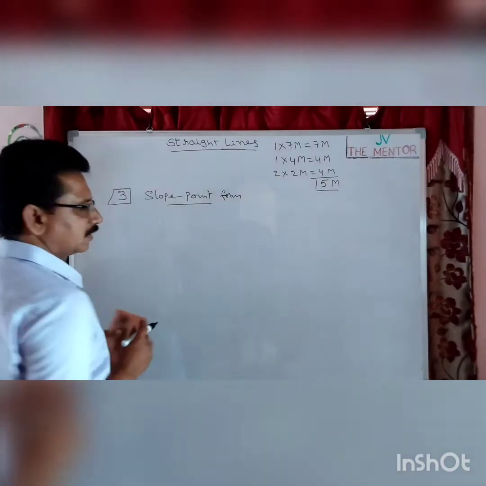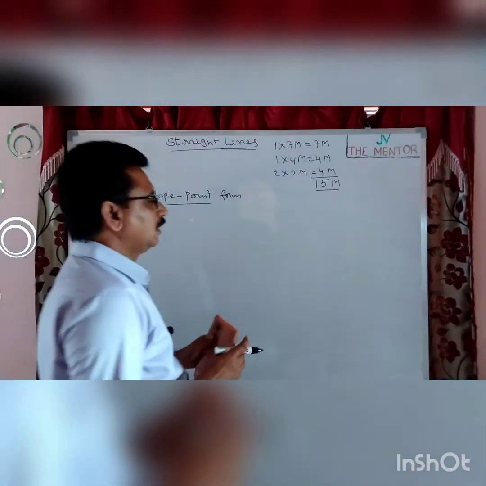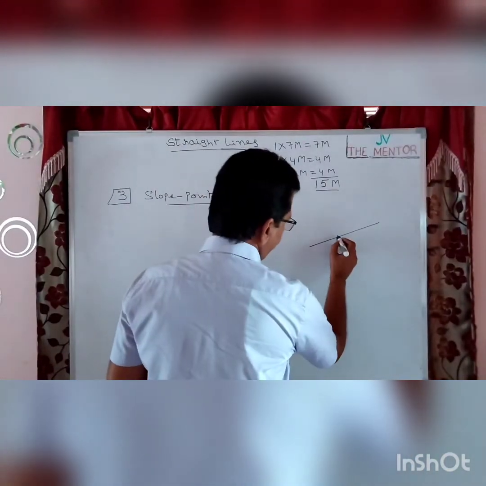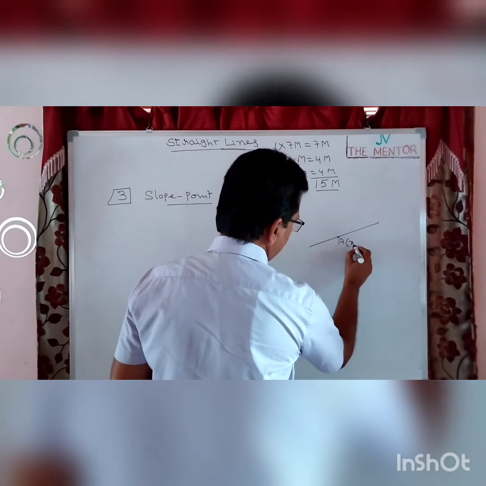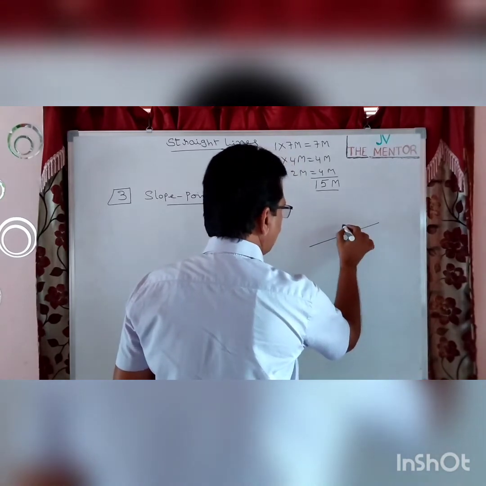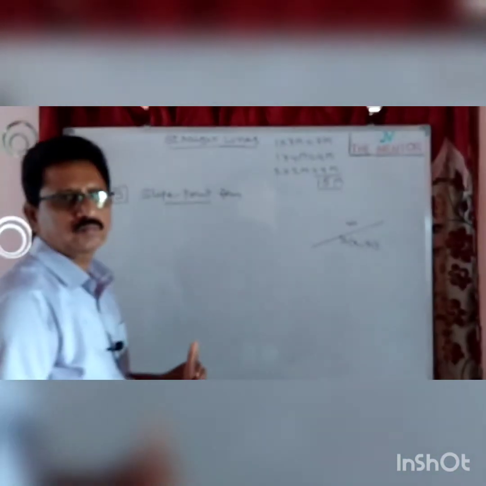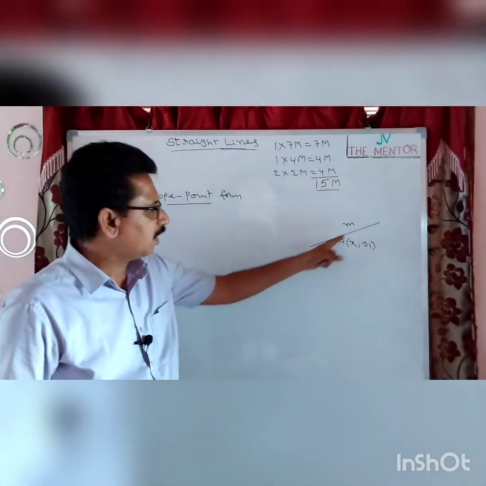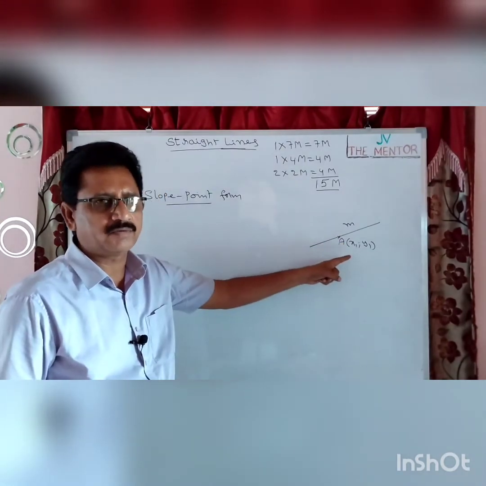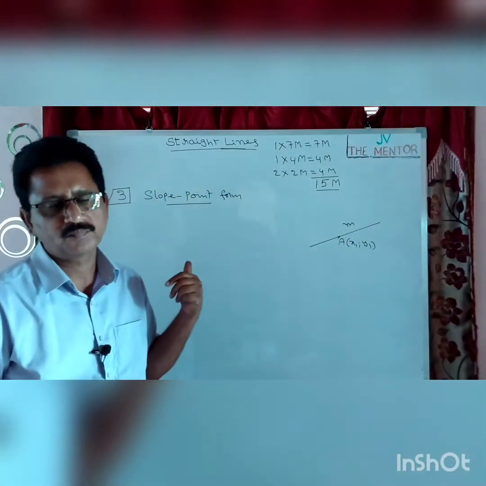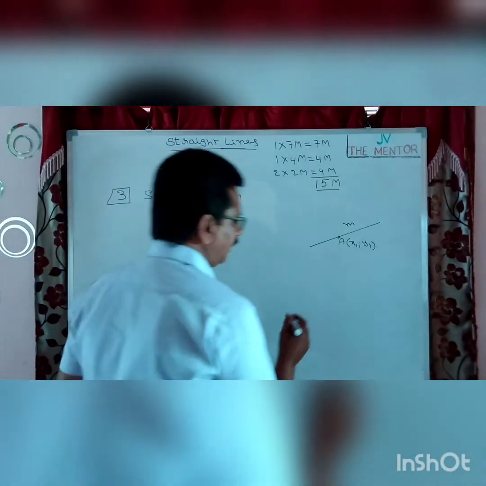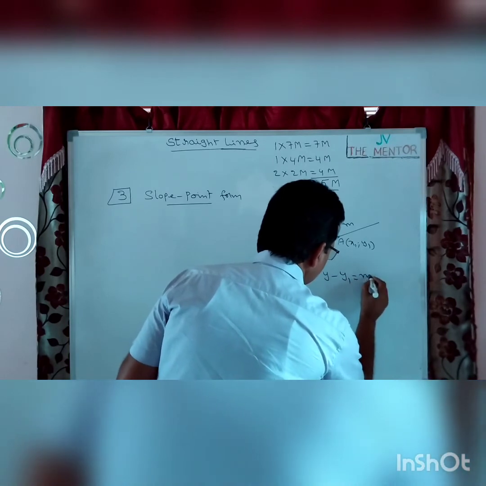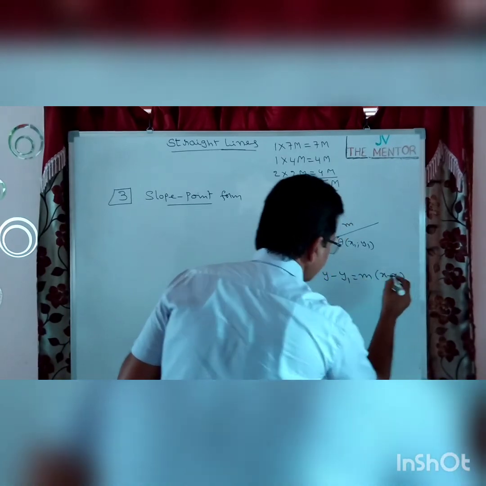That means if a straight line passing through the point A(x1, y1) and having the slope m, then the equation of that line is y minus y1 equal to m into x minus x1.